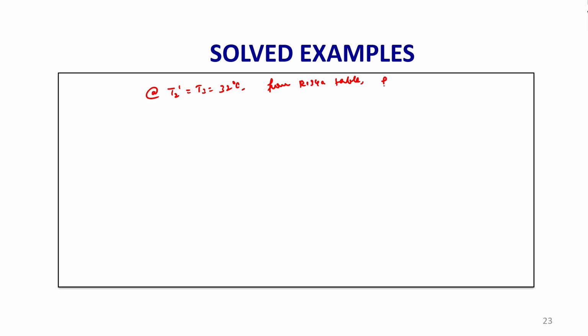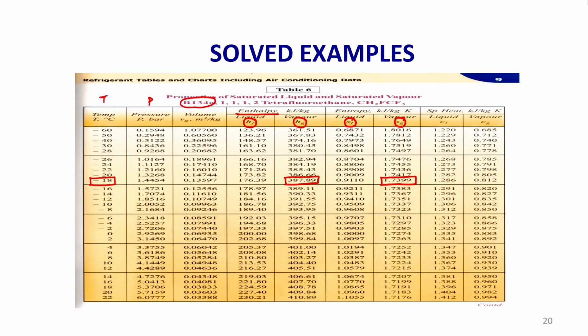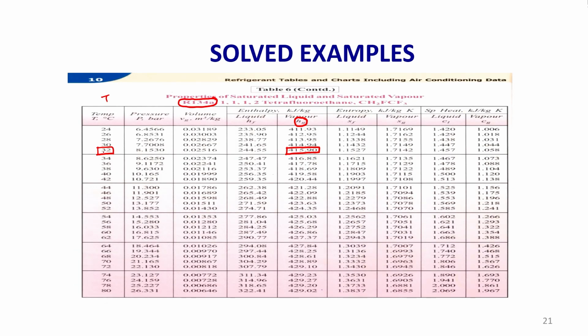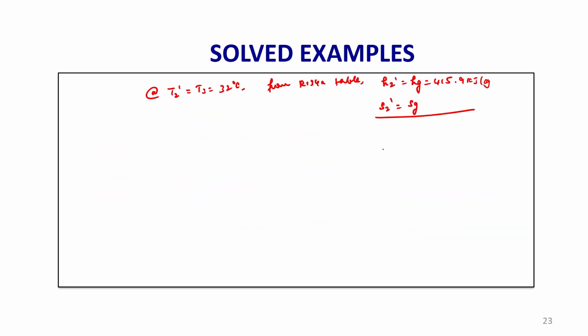H2 dash is equal to Hg is equal to 415.9 kilojoule per kg. Similarly, entropy at 2 dash: if you take the table corresponding to 32, the Sg value is 1.7142 kilojoule per kg Kelvin.